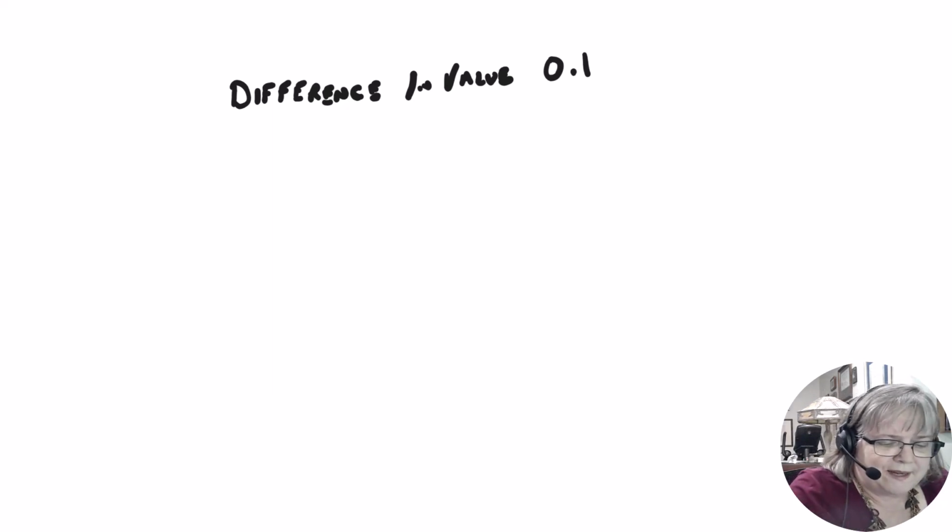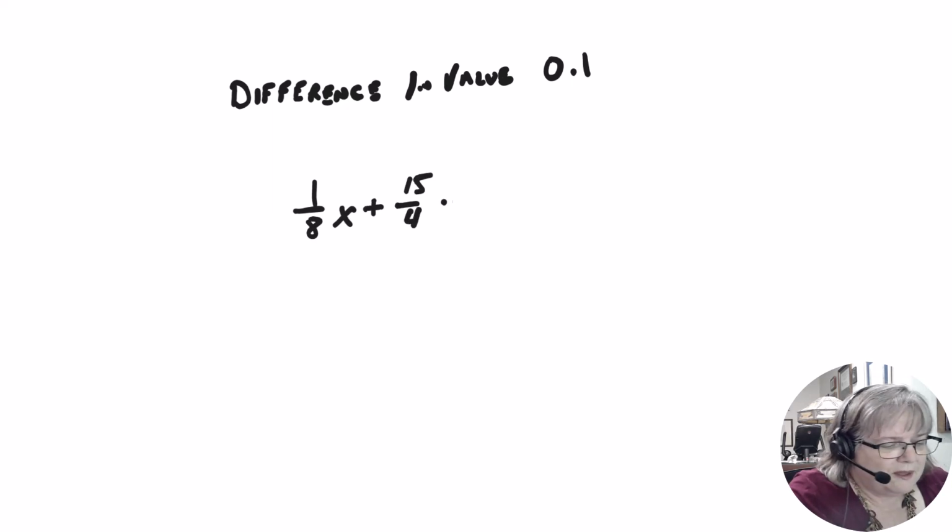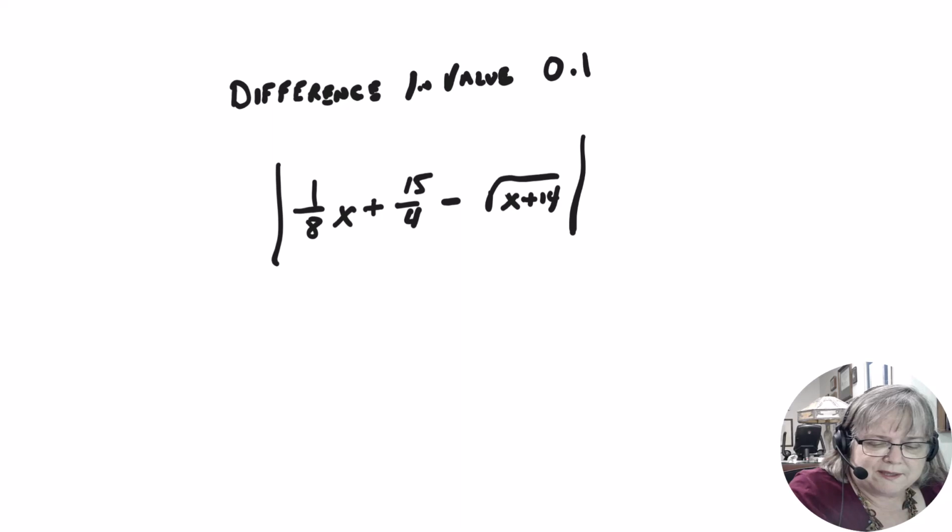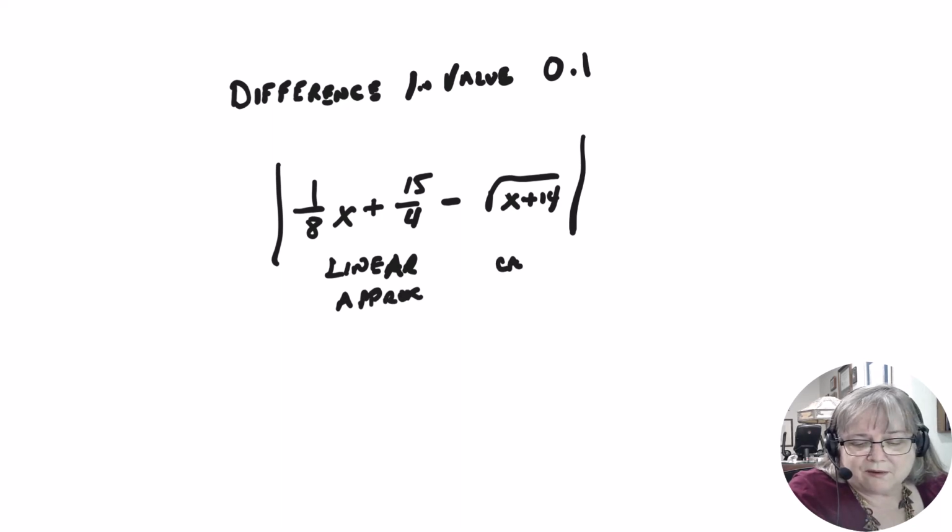So what you're saying is, and it doesn't really matter which way you subtract them, 1/8 x plus 15/4 minus the square root of x plus 14. Right now, this is my linear approximation. And this is my calculator, or level 20 calculation.